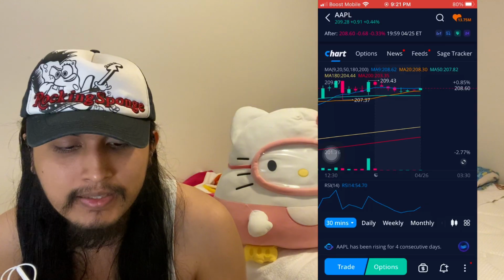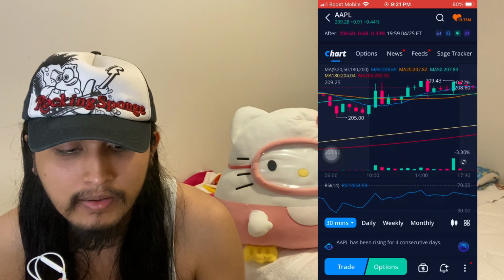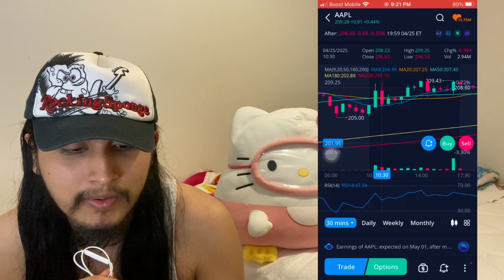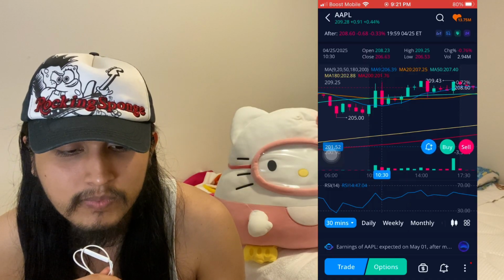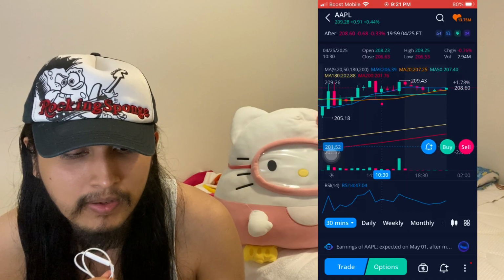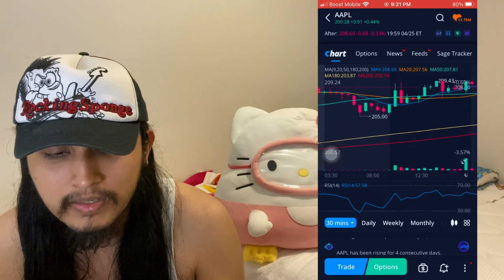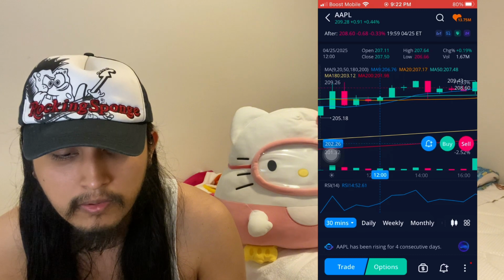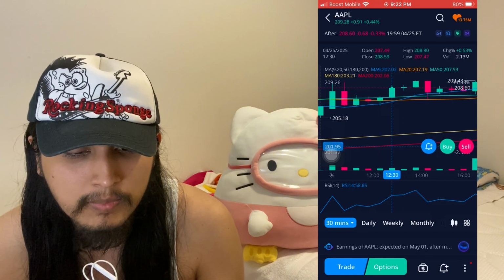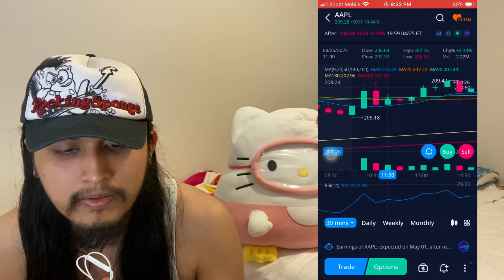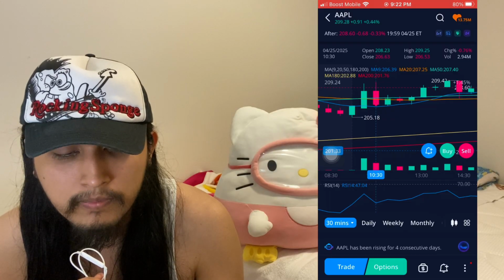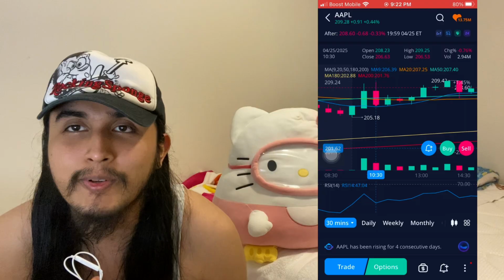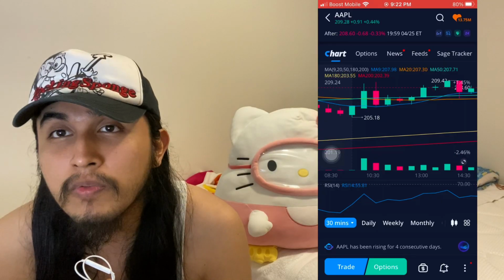Let's say I bought call options all the way up here at 209.25, which is today's chart. Looking at today's chart on the 30-minute time chart, let's say I got in at 209.25, the very high, and let's say I expect to see a little bit more movement towards the upside.